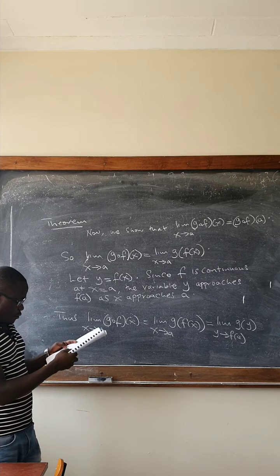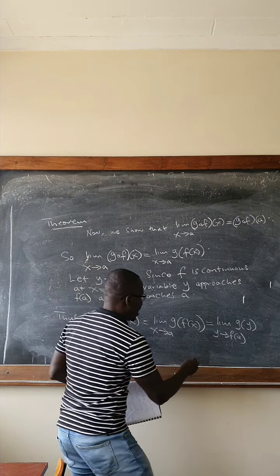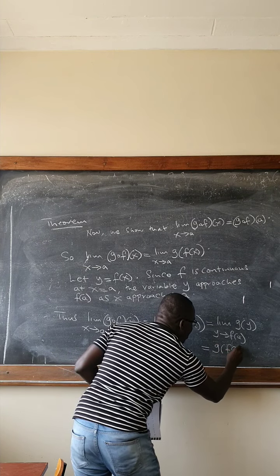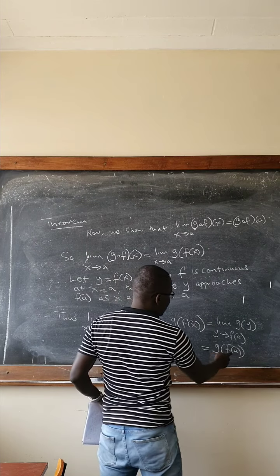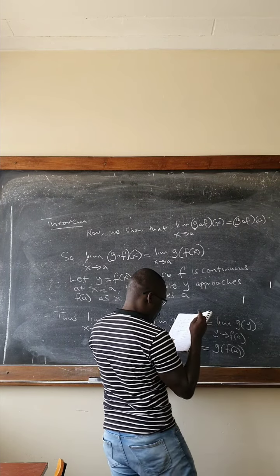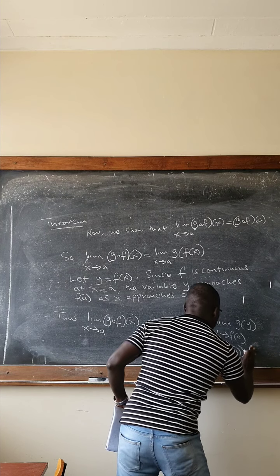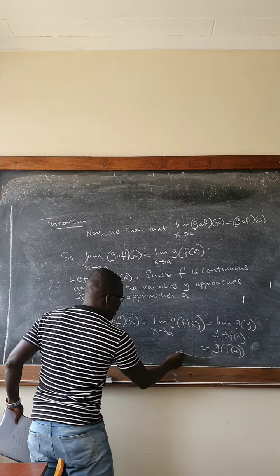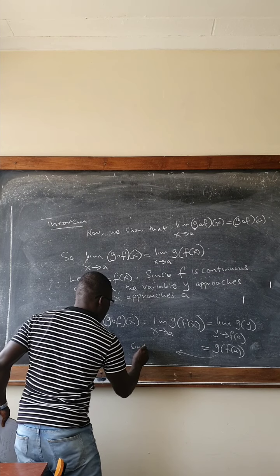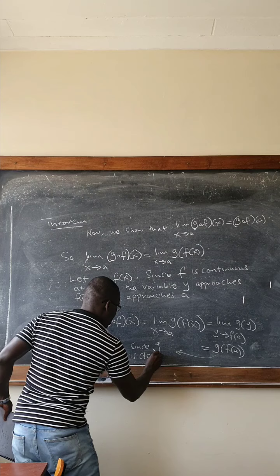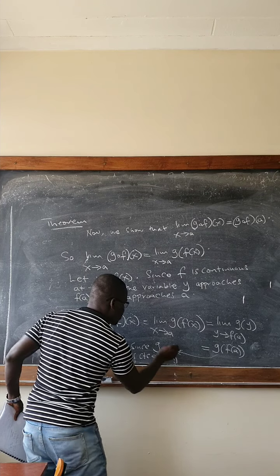That's basically what it will be, and we know that this is going to be g brackets f of a, and this is because g is continuous at f of a.